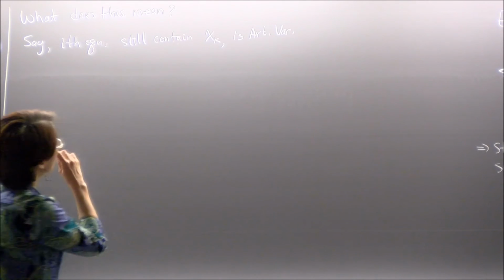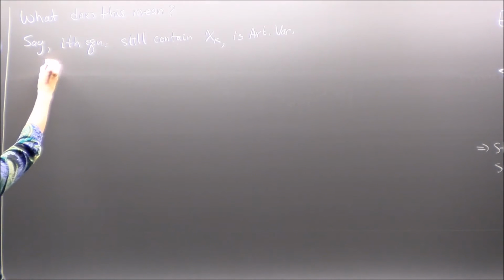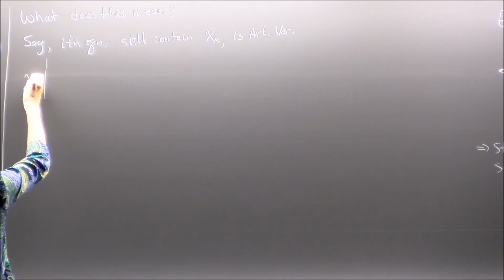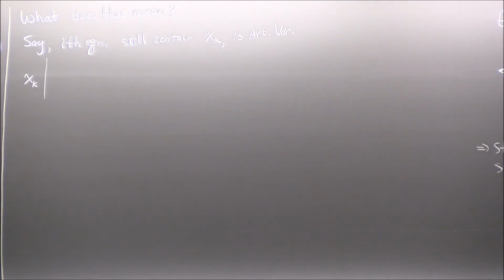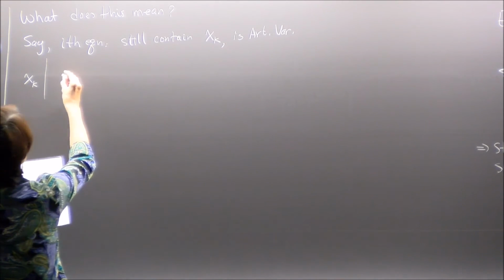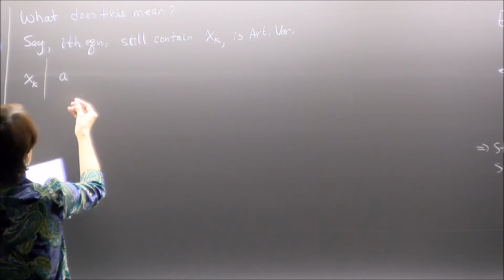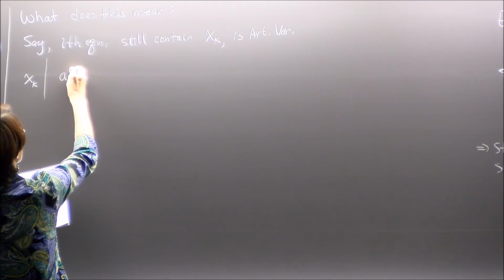So in your tableau, what would that ith equation look like? Well, on the left, you would have xk that's being labeled as the basic variable. Is that right? And then you have a bunch of things on the right. Let's just say the coefficients generically, ith equation, the first one.